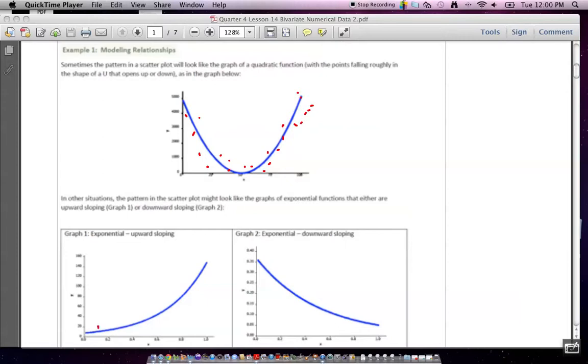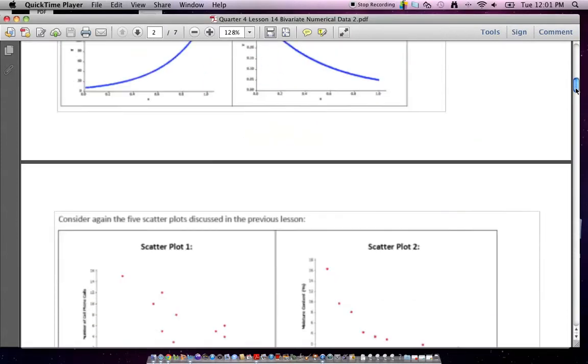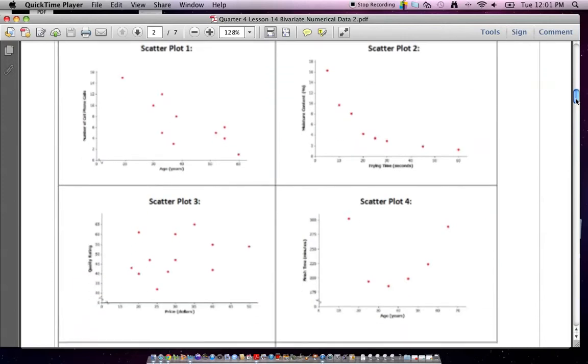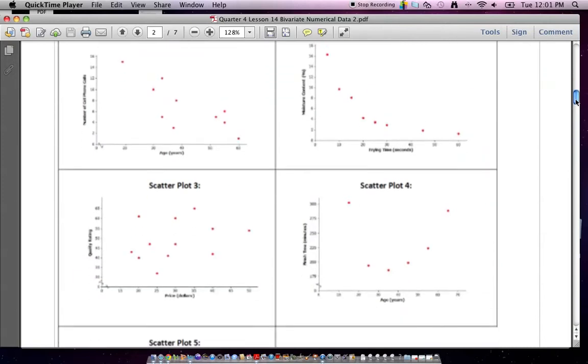Or you might have a scatter plot that looks like that. Or similarly with the exponential downward sloping. Does that make sense? Okay? So in other words, not every single scatter plot leads to a line. And that makes sense because if the data given doesn't describe a linear situation, it wouldn't be there. For instance, we talked about population, and it doesn't necessarily go linearly.